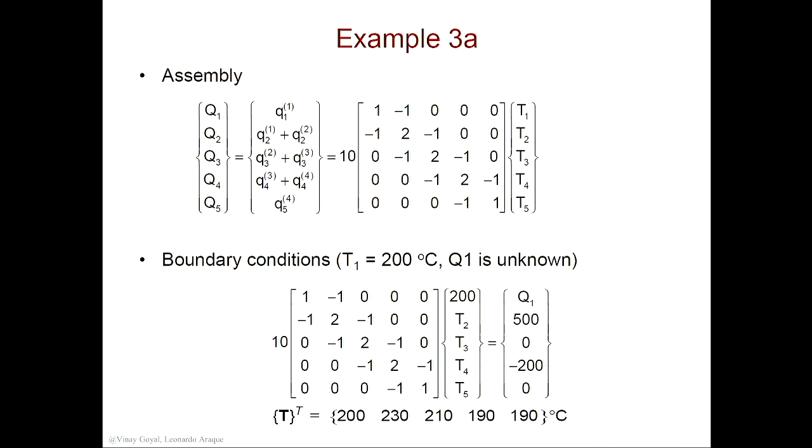I know the temperature here is 200. These are unknowns. Q1, since I'm specifying the temperature, there must be a heat that's been applied that keeps that node at 200, or removed. We don't know which way. But we know there's something being applied to keep it at 200. You agree? So we don't know what that is. But for the other ones, we know because I told you about it, and that's what you get for temperature. At the other nodes, if you want to calculate it, invert this whole thing, you get these numbers.